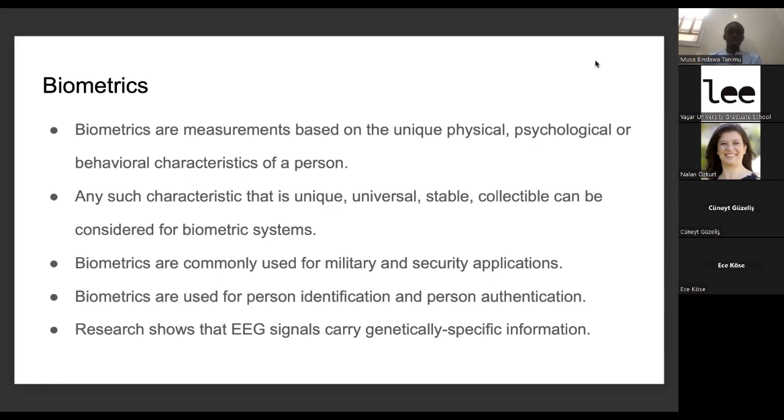Research shows that EEG signals carry genetically specific information unique to individuals. As I mentioned earlier, the uniqueness of biometrics is important. So EEG signals having this specialty is important in the field of biometrics.